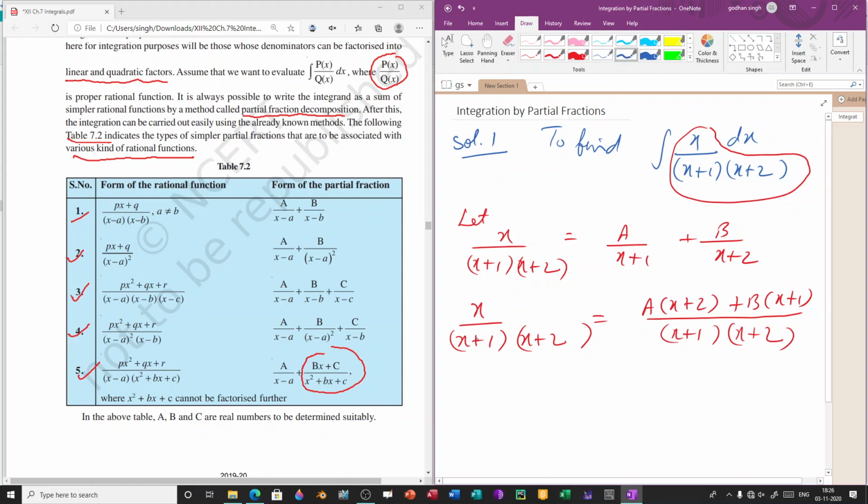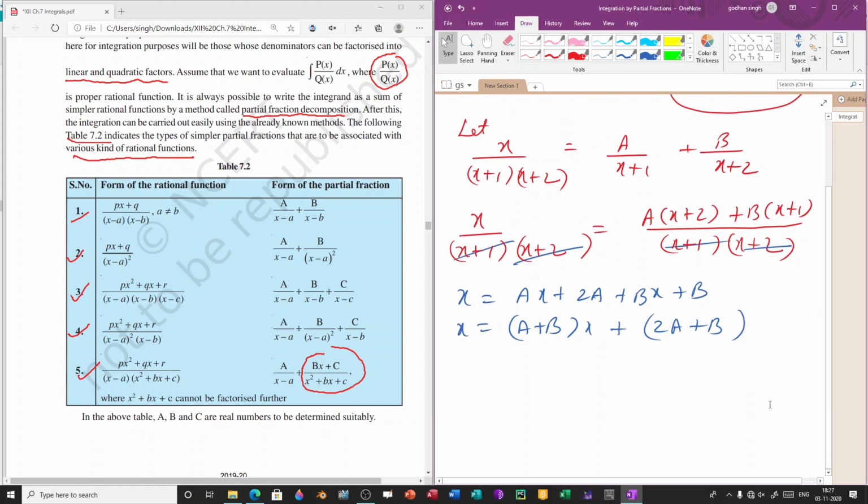Now on both sides the denominator is (x plus 1) into (x plus 2), so that will cancel out. So next step, x equal to, simplifying the right hand side, we get Ax plus 2A plus Bx plus B. Next step, x equal to, grouping all the terms containing x, that will be (A plus B) into x plus constant, which is 2A plus B.